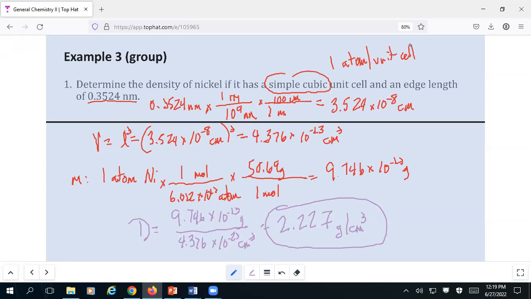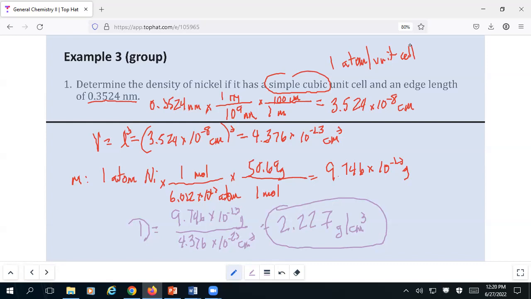All right, now, before we break off here, just understand you can be asked to go the other way, where you have to take one of these pieces of information and figure out the other. So what I mean by that is, let's say that we were given the density of the substance and its edge length.